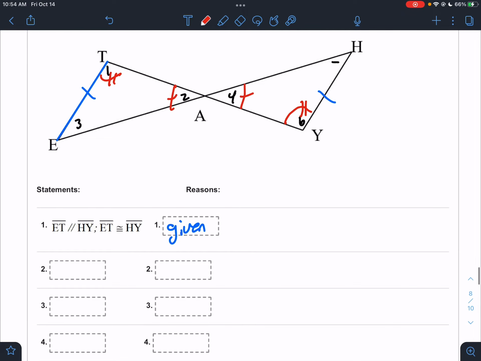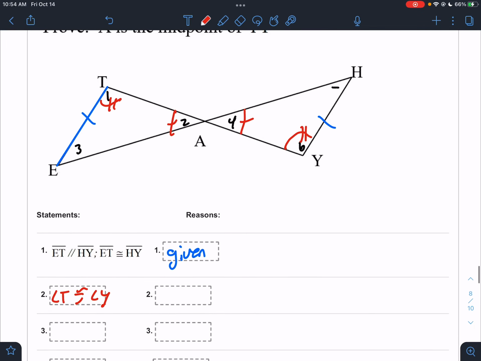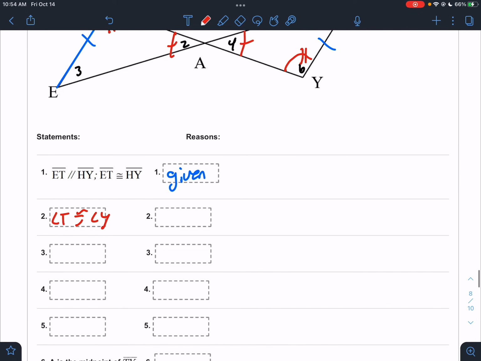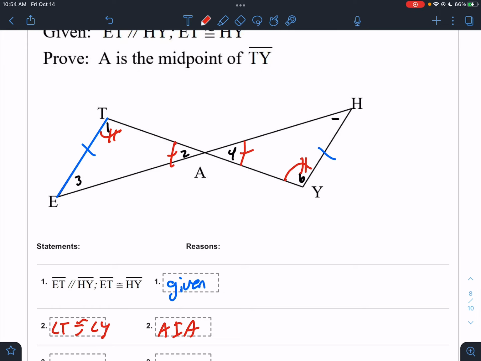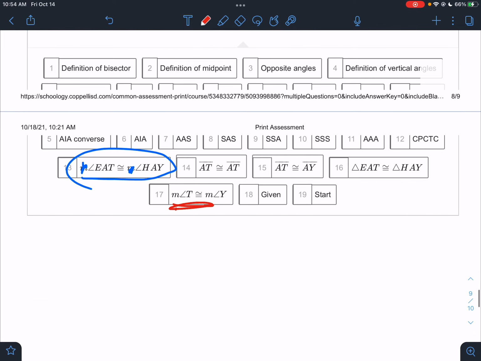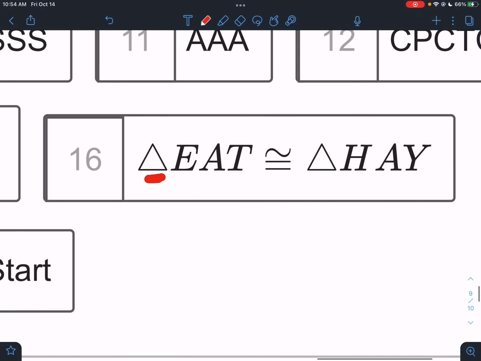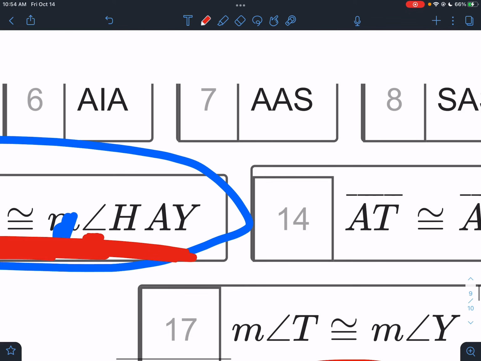So the first thing I'm going to say is angle T is congruent to angle Y. I'm just doing that because that's what they said down here. I like using the numbers. But angle T and Y, that was because of alternate interior angles. That's how we have T and Y. The other thing we have are 2 and 4. But remember, they named the whole thing, so I'm going to name the whole thing. And look at this. That is a triangle, and this is an angle.